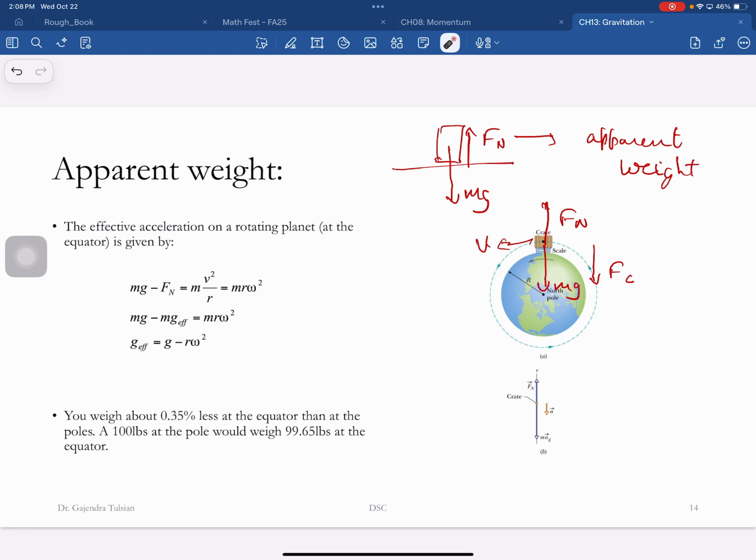You need a centripetal force in this direction. So the centripetal force is the force of gravity minus the normal force. So as soon as you start the Earth spinning, well, the force of gravity doesn't become any smaller. The normal force has to reduce. So as soon as you start this world spinning, your apparent weight has decreased.